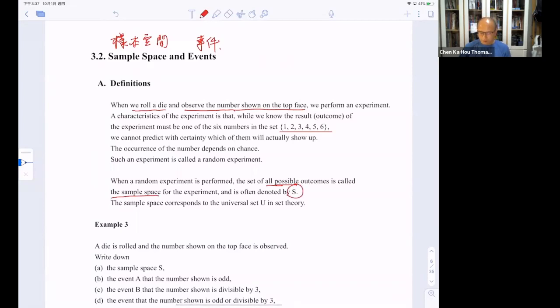We commonly use S to represent it. In other words, the sample space corresponds to the universal set in set theory. That is the whole population. Whole population means the universal set, which implies that is the sample space.